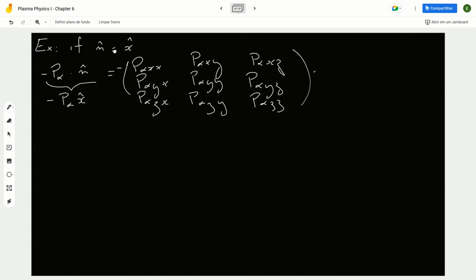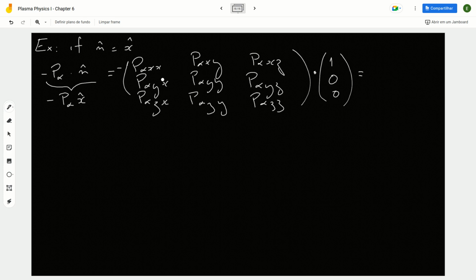Dot n, if n is x, x is just 1, 0, 0, right?